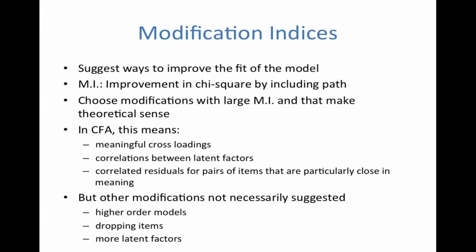Maybe you've got an item that has elements of conscientiousness and extroversion, so it makes sense to add that cross-loading, so the item loads on both factors. The idea is to choose modifications that both improve the fit and hopefully make some theoretical sense so you can justify them. You don't want to pick up too much on the noise in the data, so you'd like to think that what you're adding makes theoretical sense.